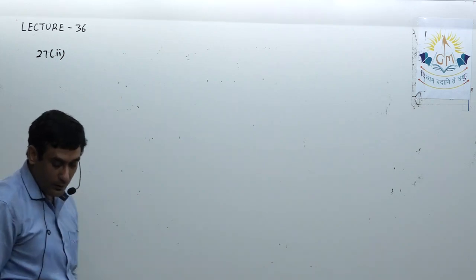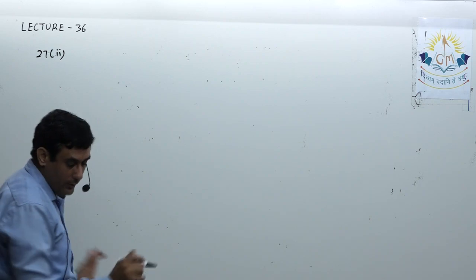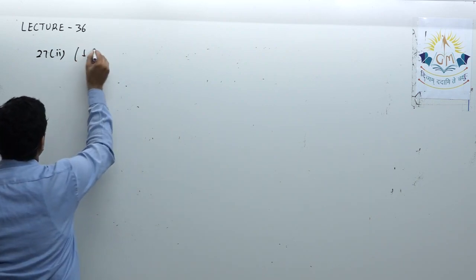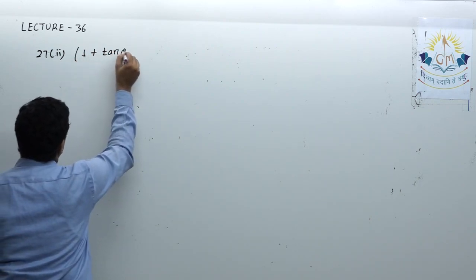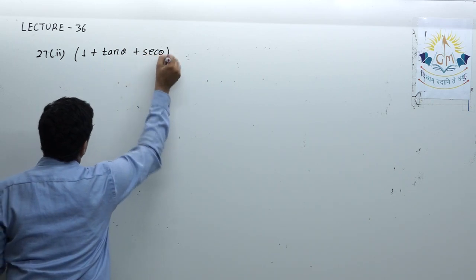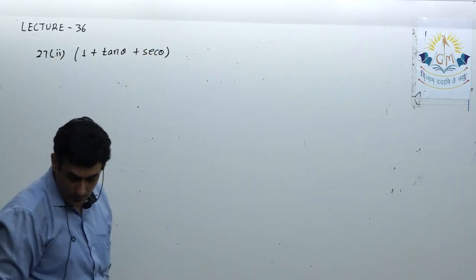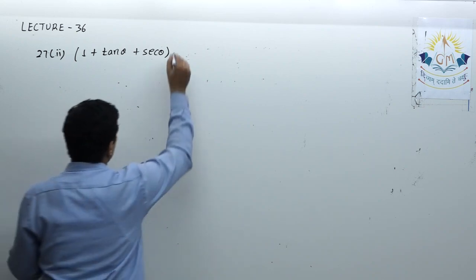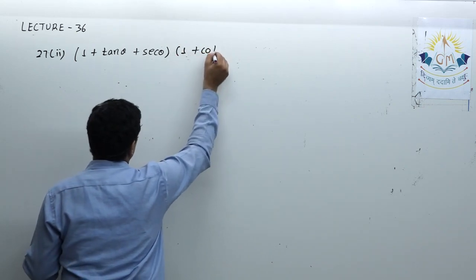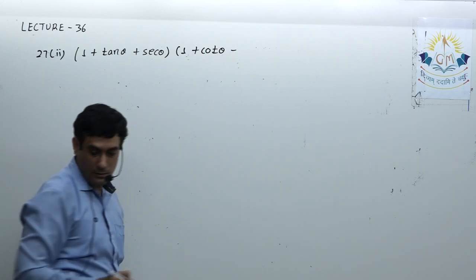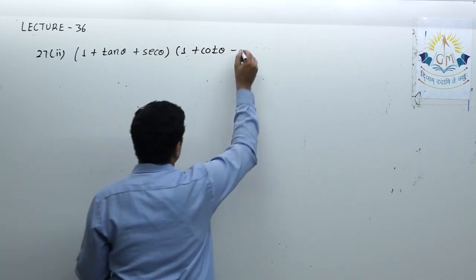The question is, over there is a change in the question. It is 1 plus tan theta plus sec theta, in the next bracket we have 1 plus cot theta minus cosec theta.